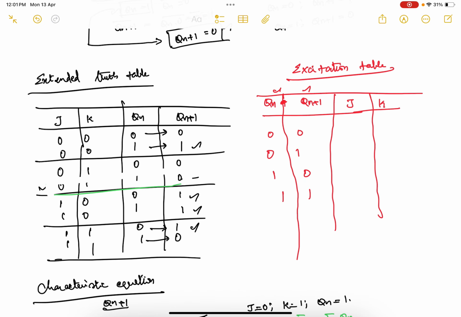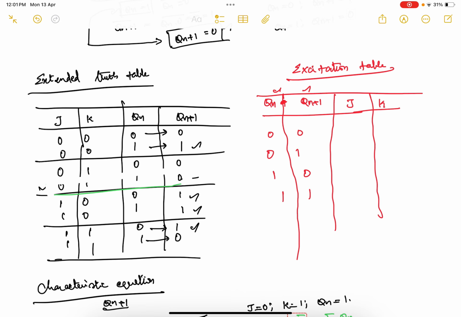We want to check it. How to check the mandatory input?